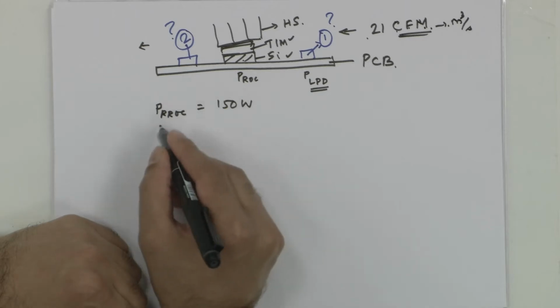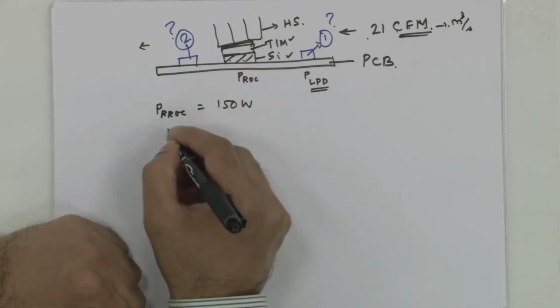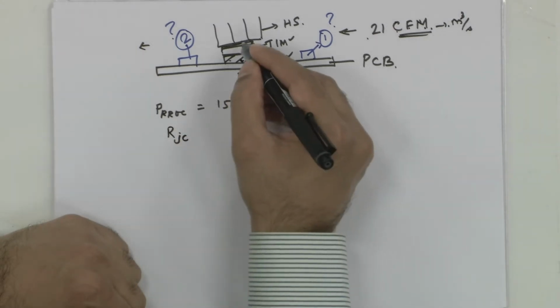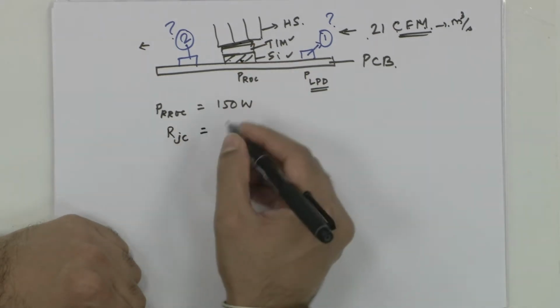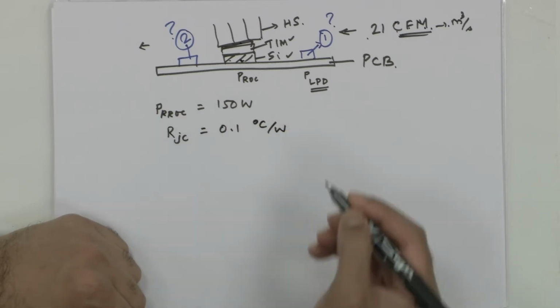And the processor, this dissipates 150 watts and it has a junction to case resistance, that is from here to here, of about 0.1 degree C per watt.